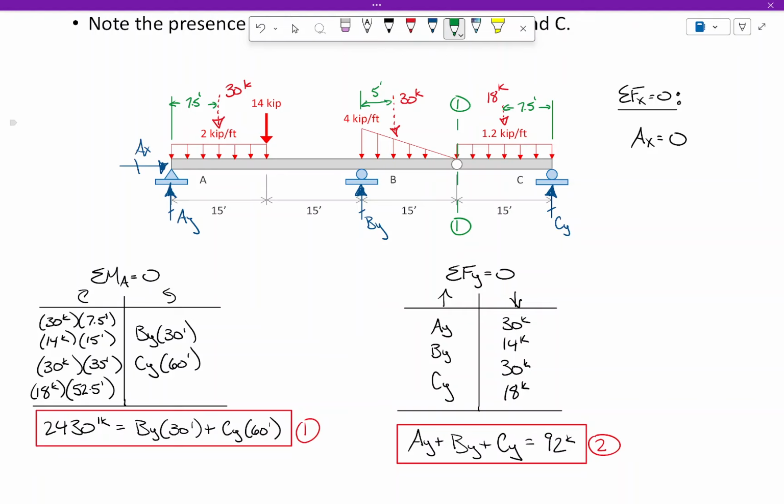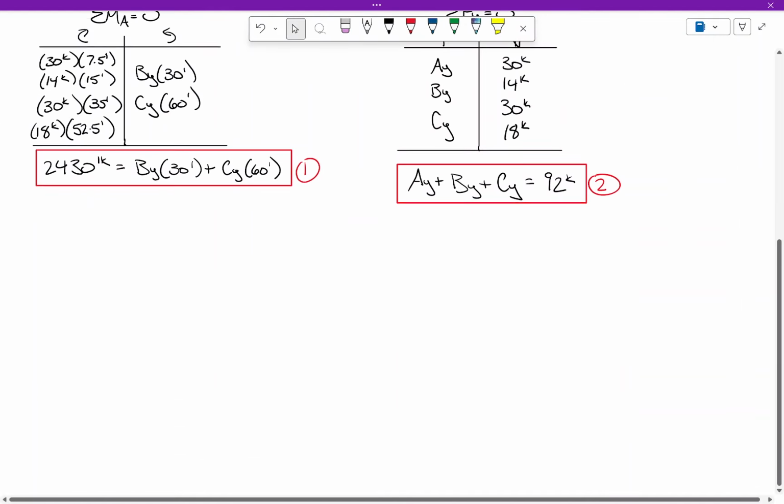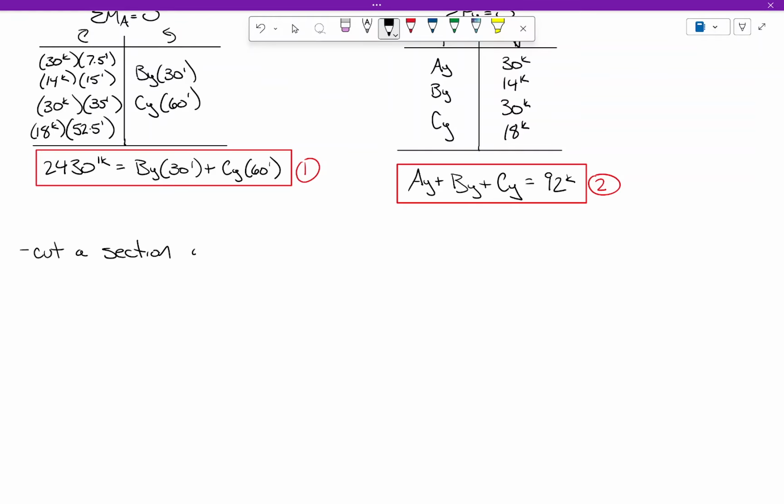So what I'm going to do is cut a section at the hinge and look to the right.